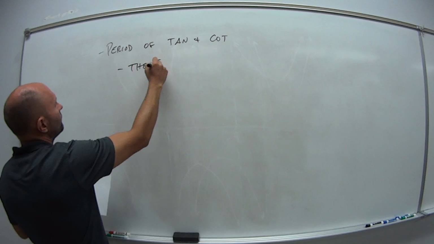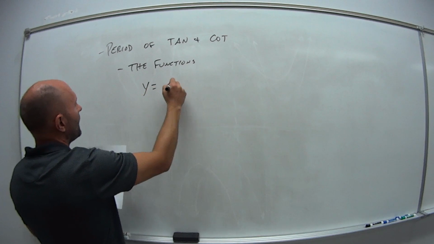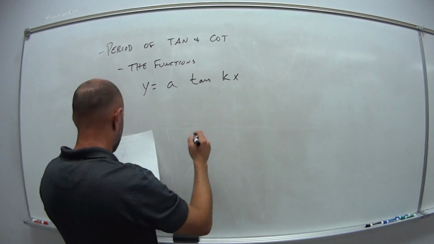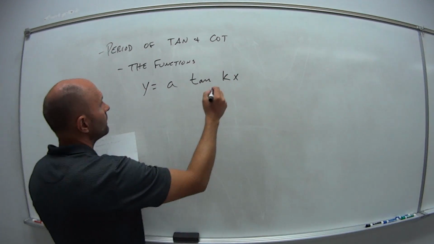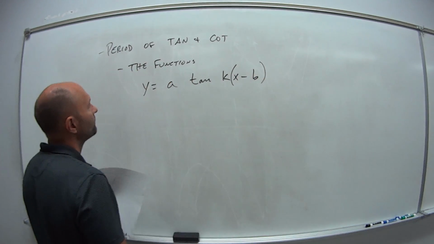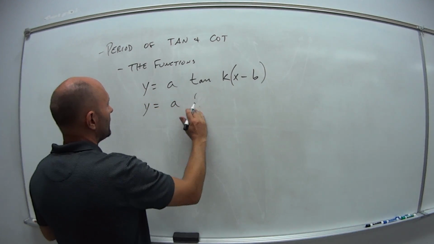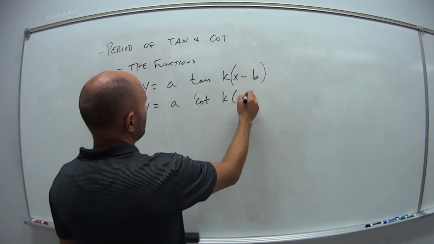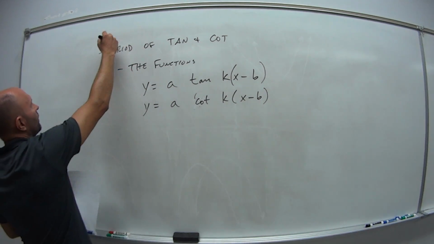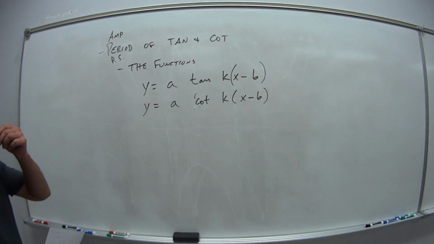So the functions y is equal to a tangent of kx minus b, and y is equal to a cotangent of kx minus b. So we're actually going to do all three. We'll do it in one. So amplitude, period, phase shift for tangent and cotangent.